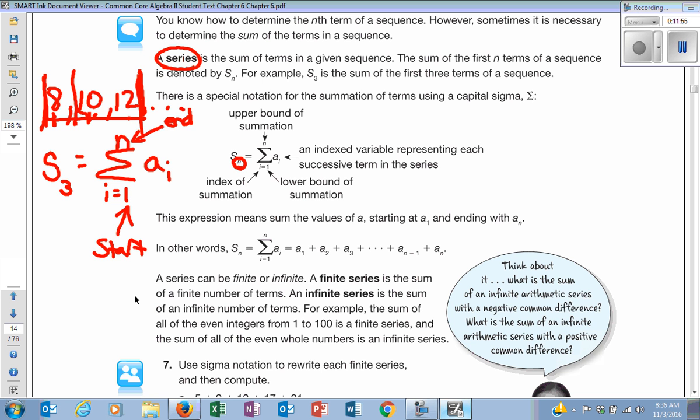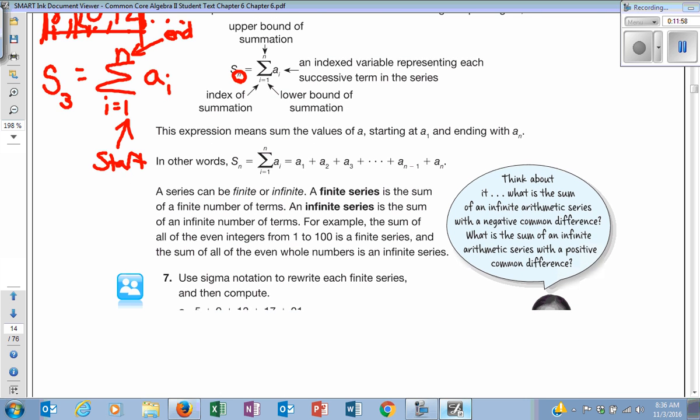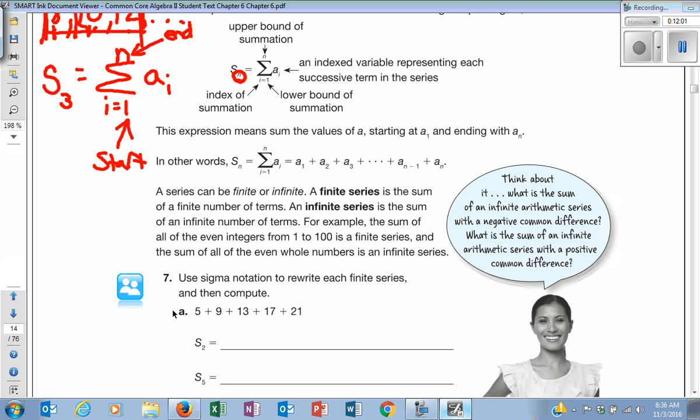Do you see down here how it says "in other words"? Do you see how it has from i equals 1 all the way to n? Because remember, n can be any number. You keep going from a1, you add a2, you add a3, you add a4, you add a5, all the way up until you get a to the whatever that is.